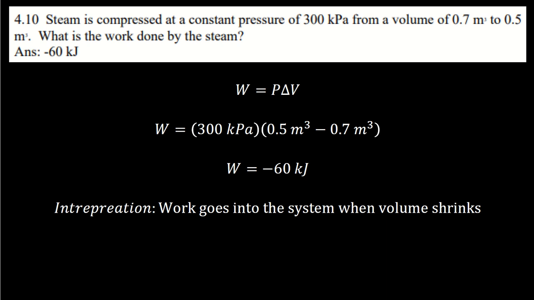While we still can say that the steam performed negative 60 kilojoules of work, more practically what that means is because volume shrunk, the surroundings instead pushed work energy into the steam, adding it to the steam. So work went into the system.